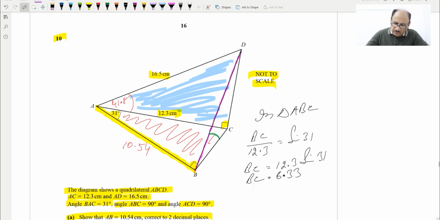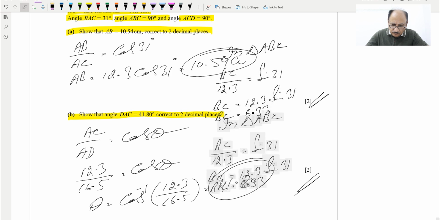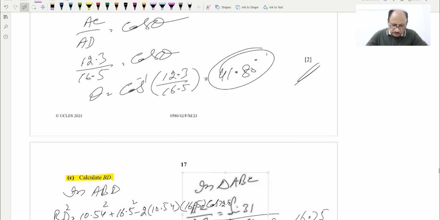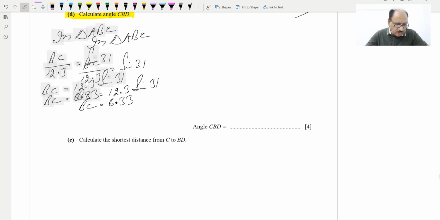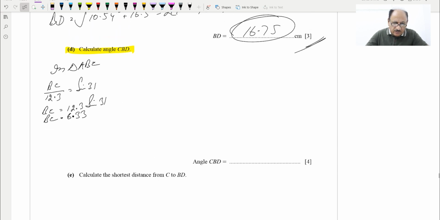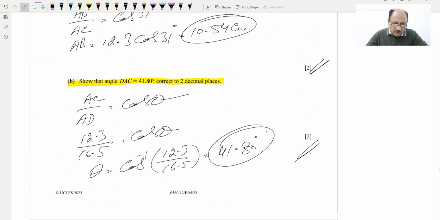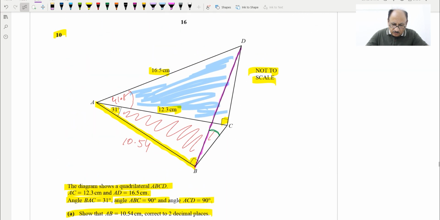First I will shift this to the proper location, and this one we will move over here. Now we can apply the cosine rule, which is basically BC, 6.33, we calculated.